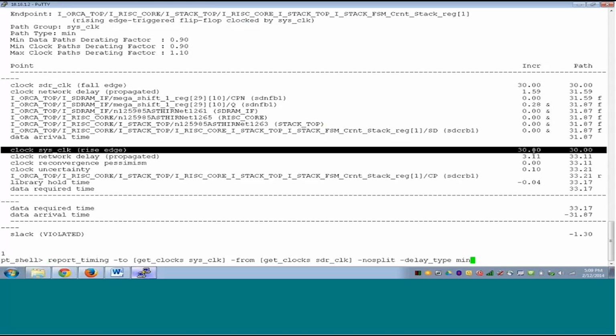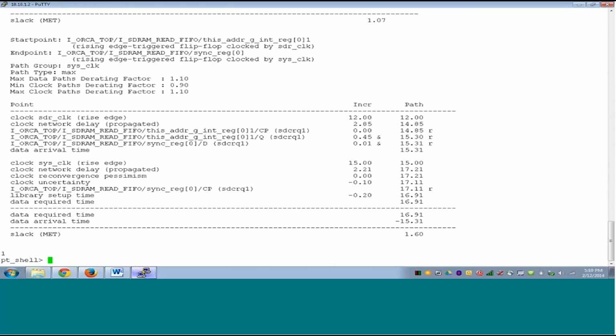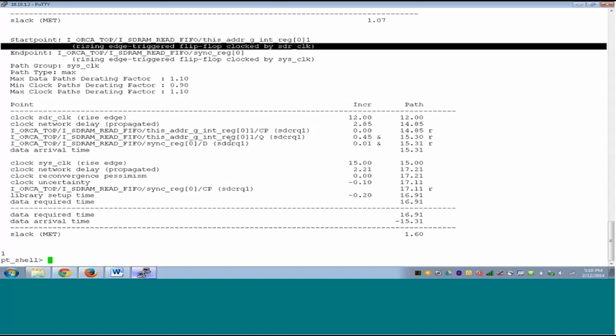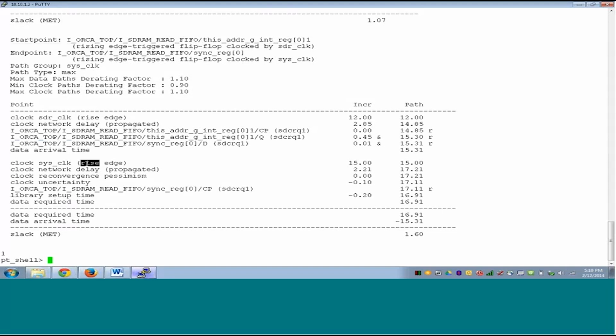I'll again give the setup report. Now see, it's 12 and 15. Now this is very clear. If you draw a figure, this will become very clear because now the launch is SDR, capture is sys clock. The SDR rise comes at 0, then again at 12. For sys clock, the rise comes at 0, and the capture edge comes at 15.